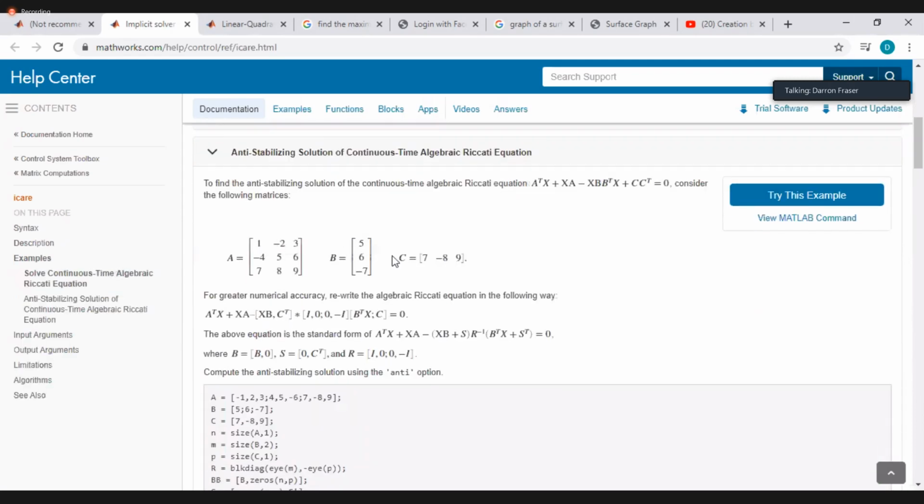So this is the matrix that we want to enter: A, B, and C. Then when you enter them, we use the care function, and we see what it is that I care is supposed to do.